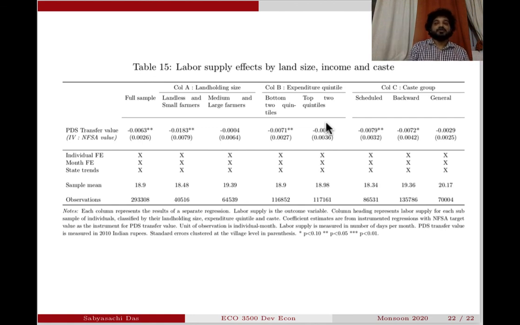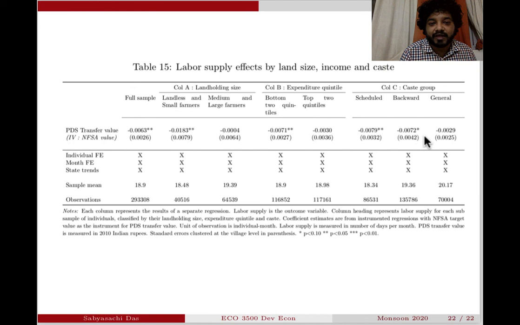The welfare implication is much larger for the poorer sections of society, who are exactly the direct beneficiaries of this safety net program. It's a nice result that this benefit, which is targeted to poorer people, leads them to withdraw labor, and they are the ones now enjoying higher wages. So they are doubly benefiting from this program.